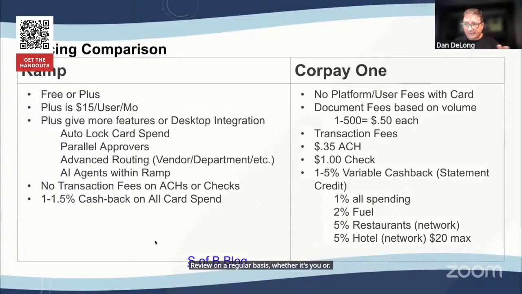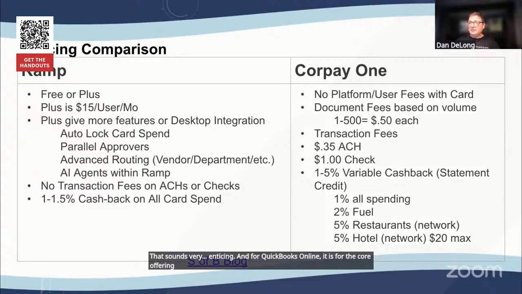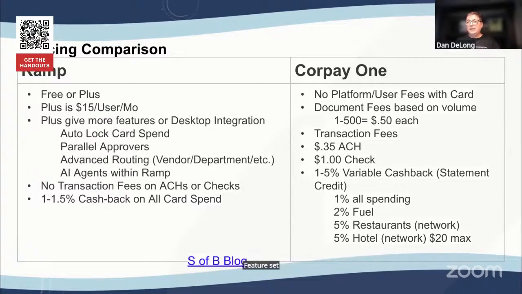So let's talk about pricing, because we all want to know, how much is this costing, right? With Ramp, the platform itself, especially for QBO, you have a plan called free. That sounds very enticing, and for QuickBooks Online, it is, for the core offering and the core feature set, it is free.